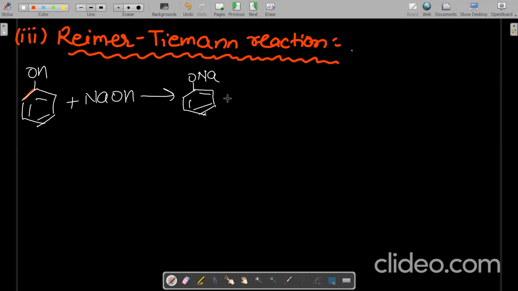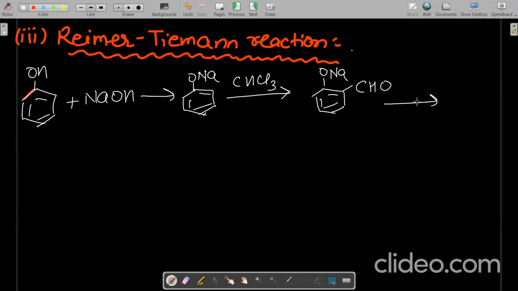and this sodium phenoxide further reacts with chloroform to form sodium salicylate, that is this, which is further acidified to give salicylaldehyde.